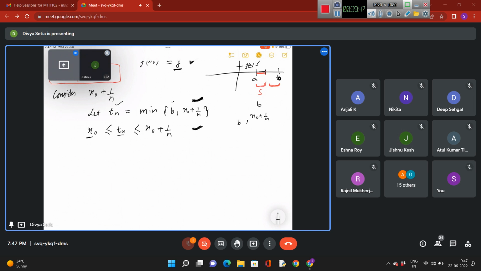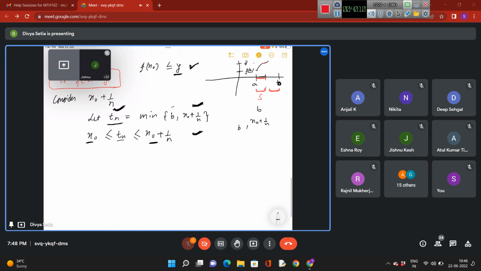See, we are considering this sequence x naught plus 1 by n, and now we are constructing a new sequence which lies between x naught and x naught plus 1 by n, which is the minimum with x naught plus 1 by n.